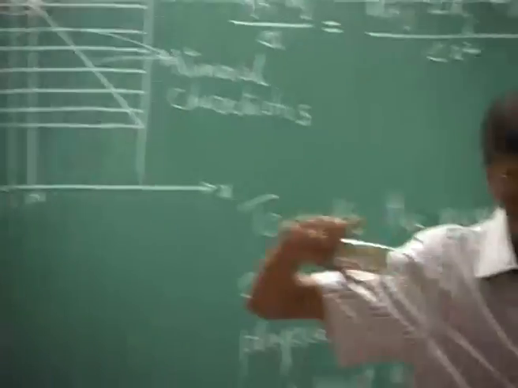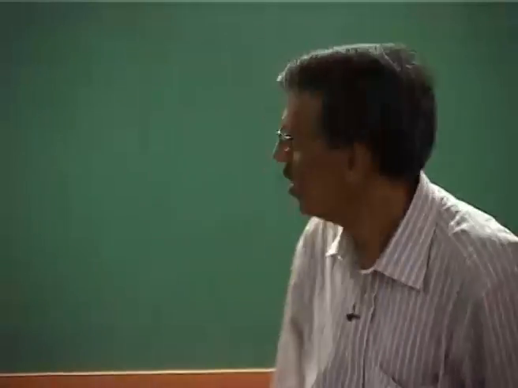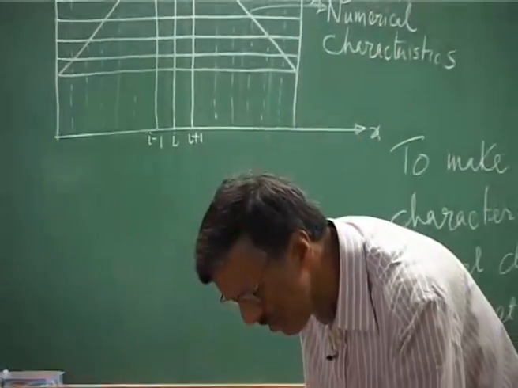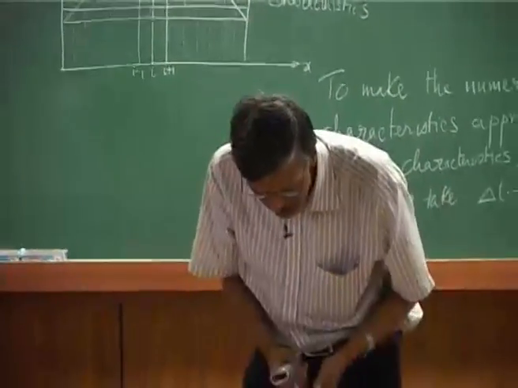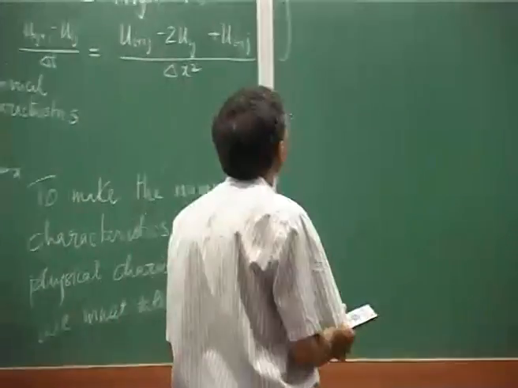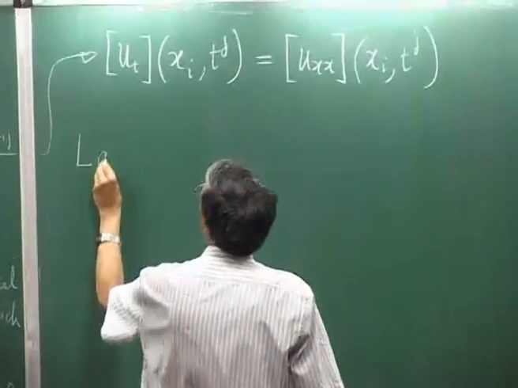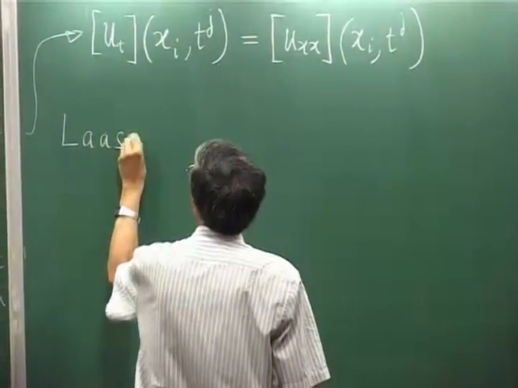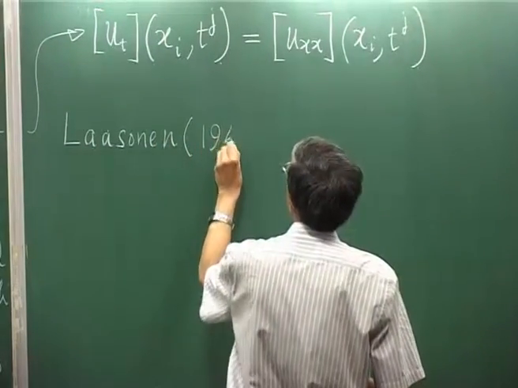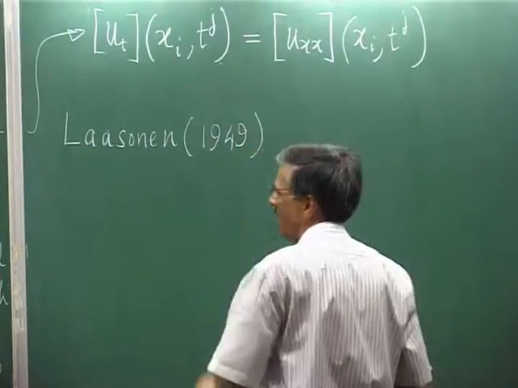And then you see the numerical characteristics are completely aligned with physical characteristics, right. So that should be quite a desirable case, and I think this is attributed to Laasonen, if my source is correct. And this was done sometime in that era.